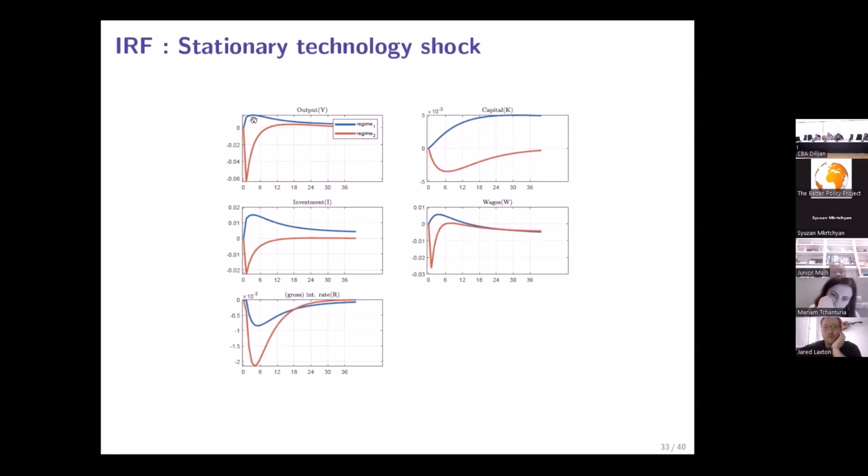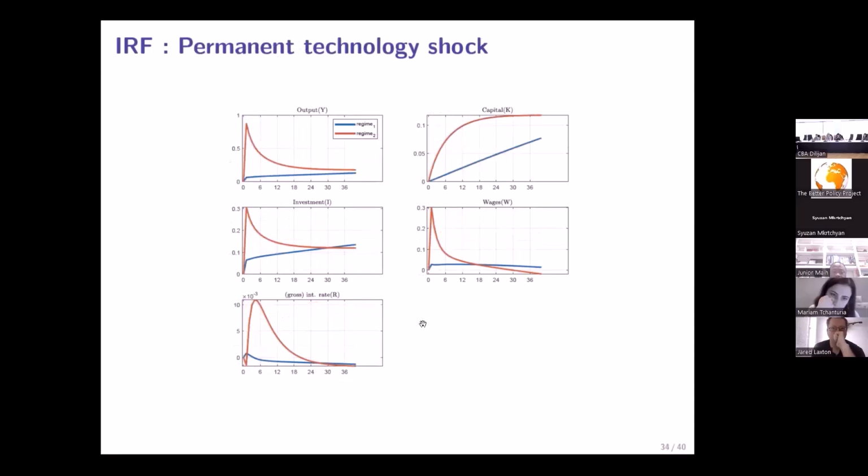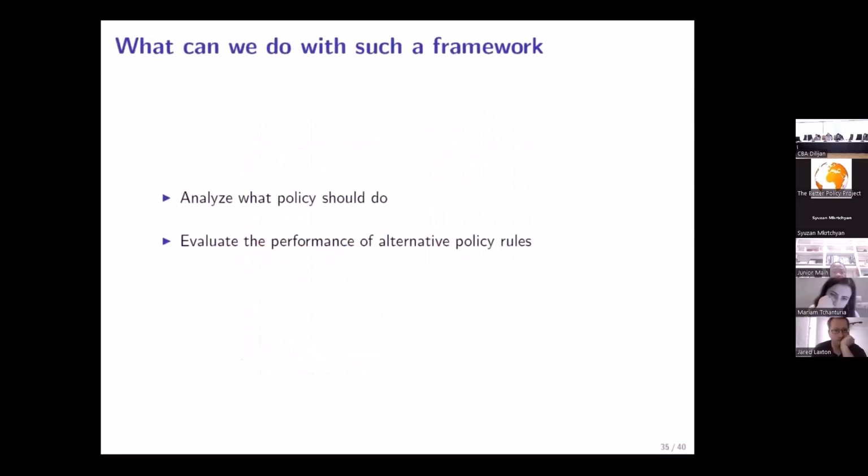In normal times, technology will improve, so output will increase, capital will increase, wages are going to increase, investment increases, but in the other regime, output will fall. We have the permanent technology shock as well. These are just some small impulse responses to illustrate what we can do with such a framework.